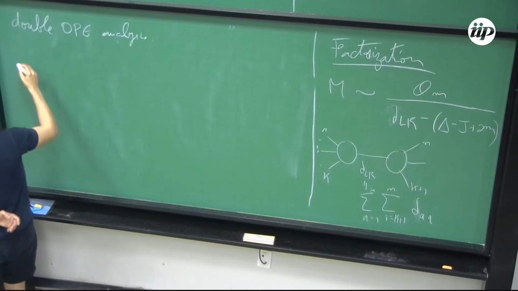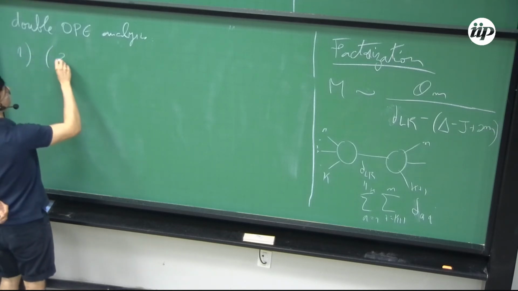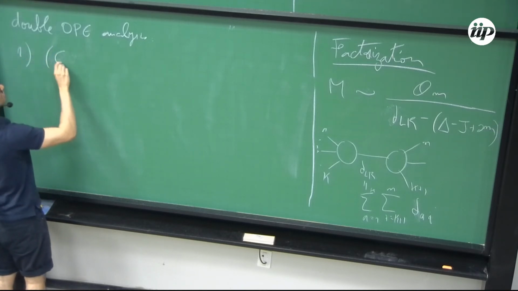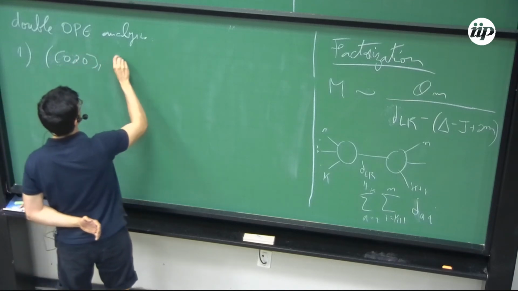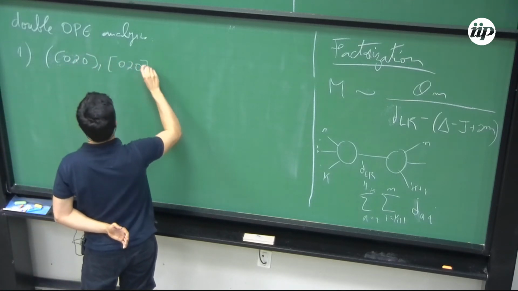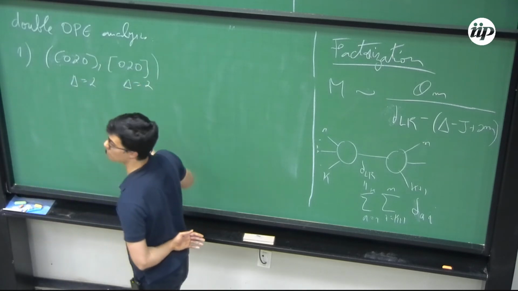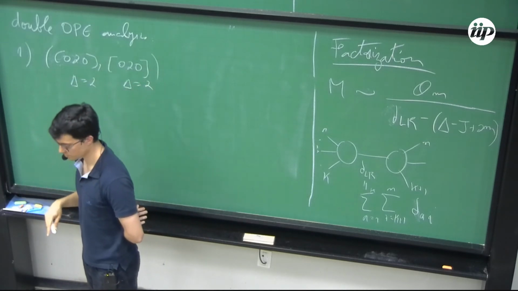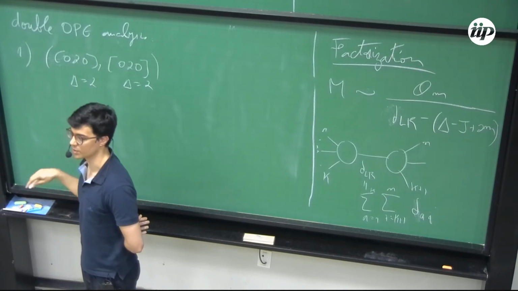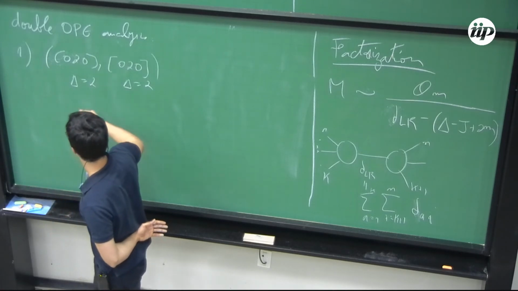And what happens is, for example, if we look at the channel, let me write, okay, 0 to 0, 0 to 0, for example, at the dimension 2 and 2, you should obtain basically the product of OPE coefficients for these.